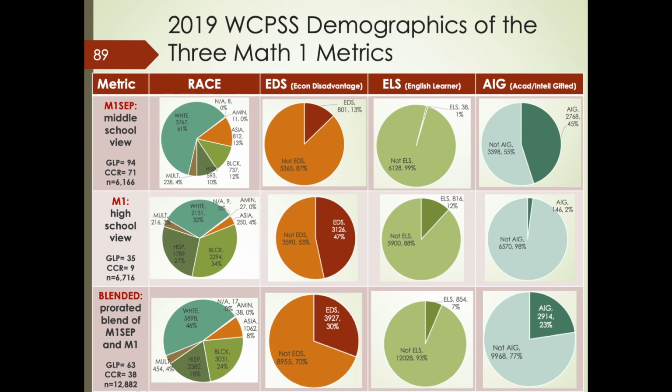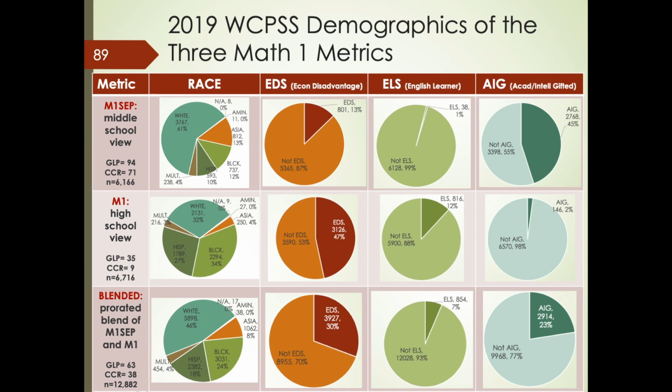But when you dig under the covers and you're able to see the score broken up into middle school versus high school and all the different subgroups, then you can see the extent that these very smart middle school test takers are contributing to this overall score. And then that leaves the high school students, the ones who take Math 1 EOC in high school, the ones that are not predominantly in the AIG program, the ones that are almost 50-50 on EDS. Those students, their performance is not great at all.